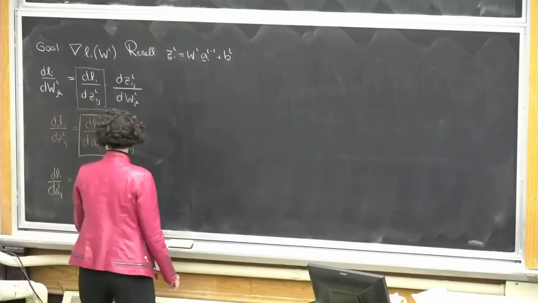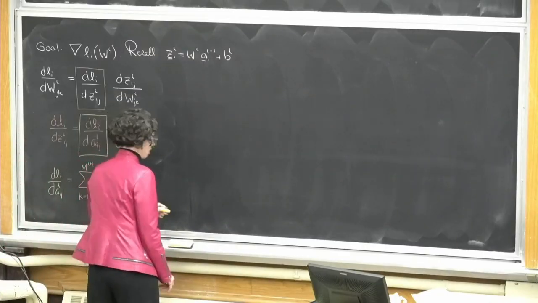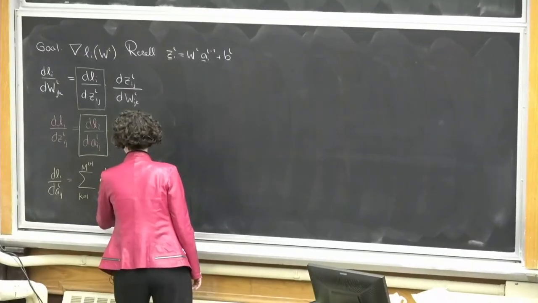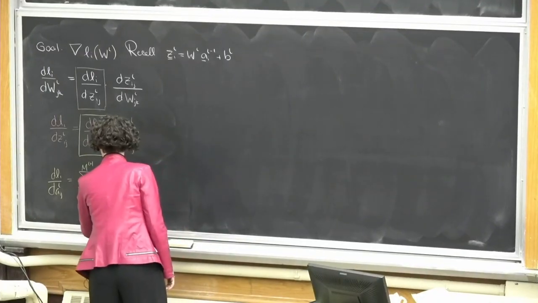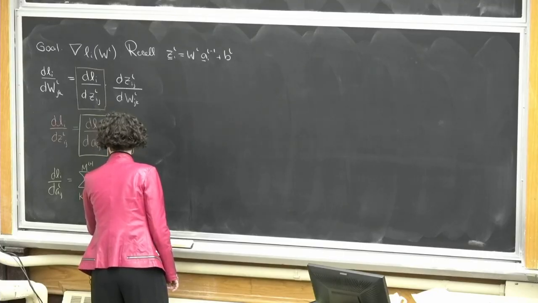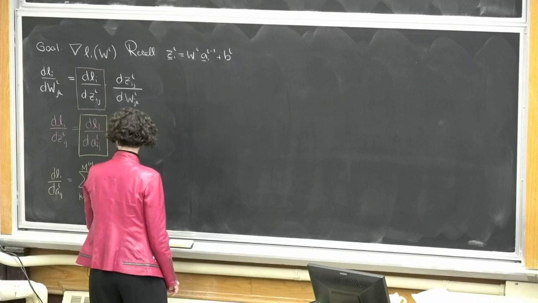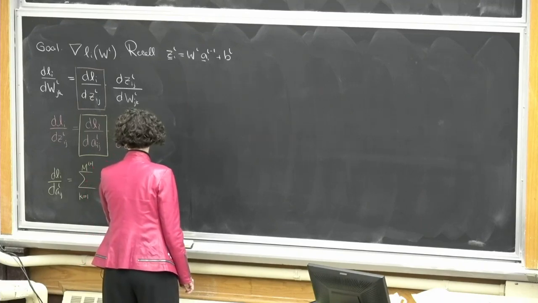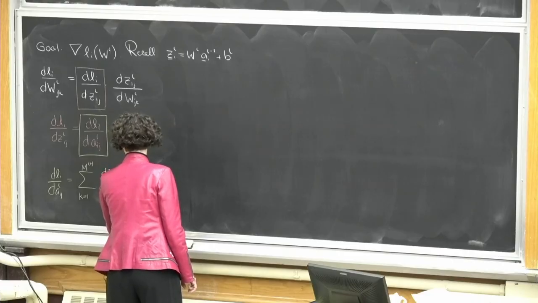And I'm going to have the derivative of L_i with respect to z^(L+1)_ik times dz^(L+1)_ik over dA^L_ij.